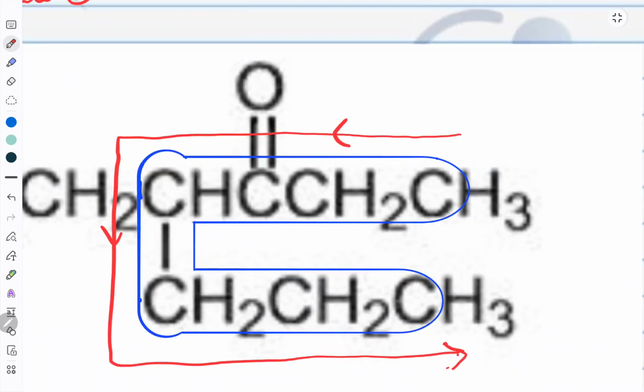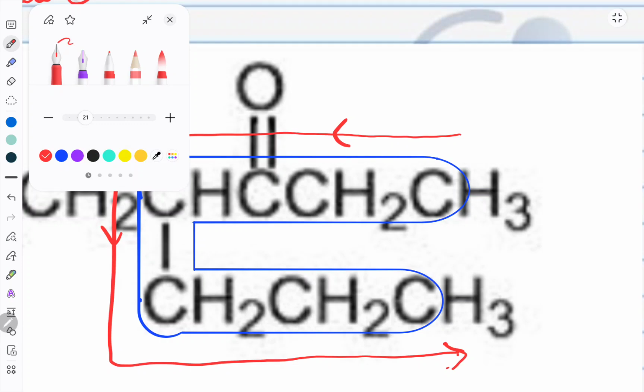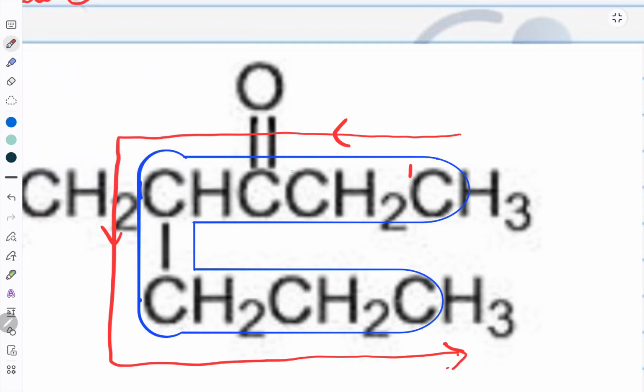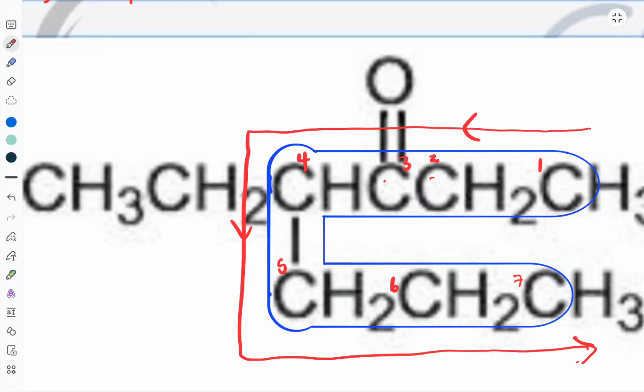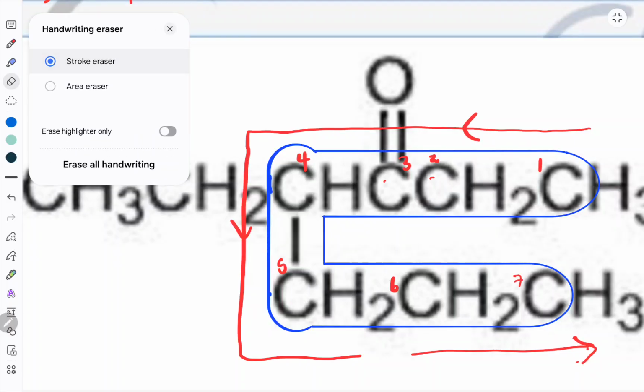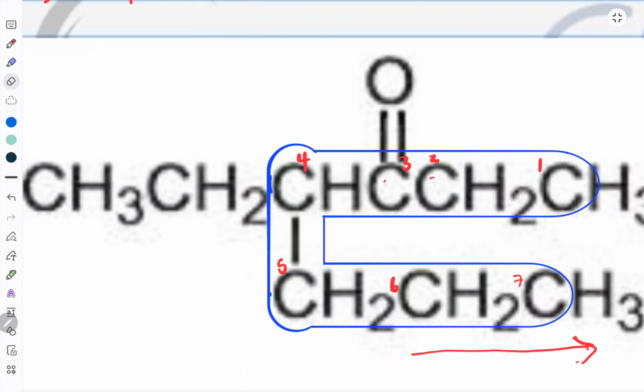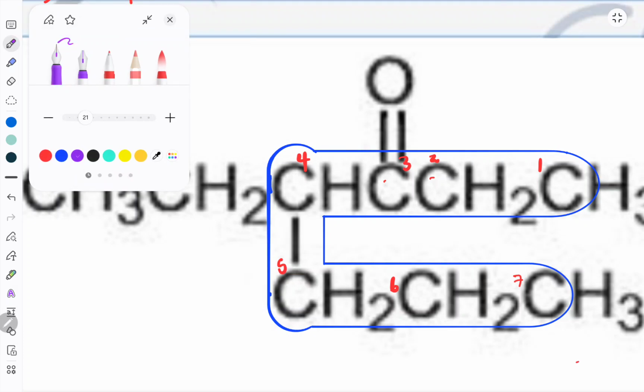So now what happens is, if we do that, we will have 1, 2, 3, this is 2, 3, 4, 5, 6, and then 7. So the carbonyl group is located on carbon atom number 3, and then we have another group here from our main chain. If you can just pay attention there, we have another group which is our methyl group.